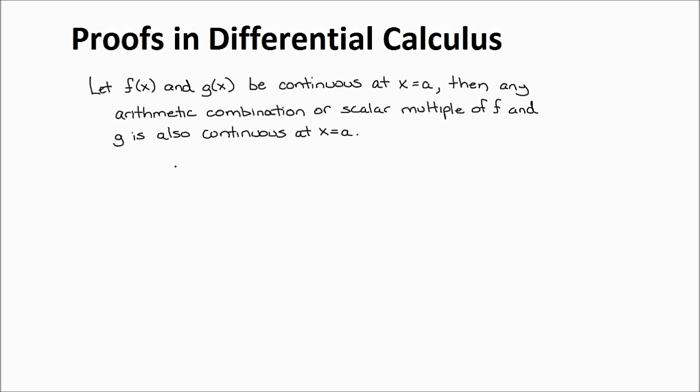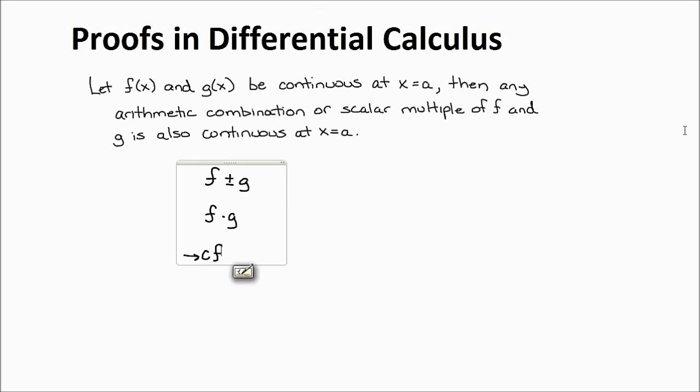So really what this is saying is that if you know f and g are continuous, then f plus or minus g is continuous, or f times g is continuous, or some constant times f. That constant is called a scalar.